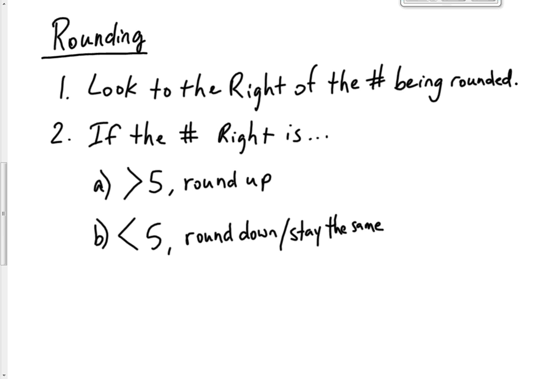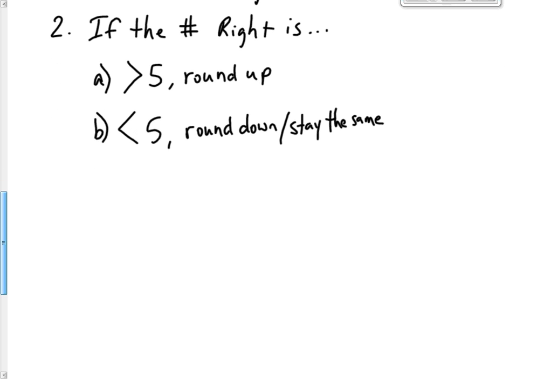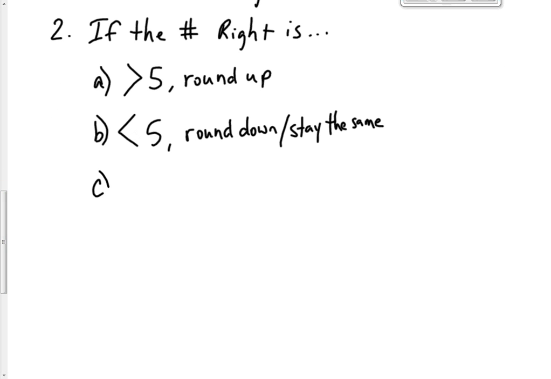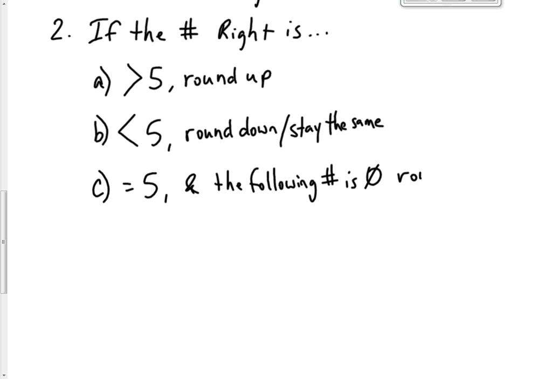Okay, and then here's where it gets a little bit different. So if it equals 5, if the number that you're looking at is 5, and the following number is 0, we're going to round down. Slash stay the same, whatever you want to say.